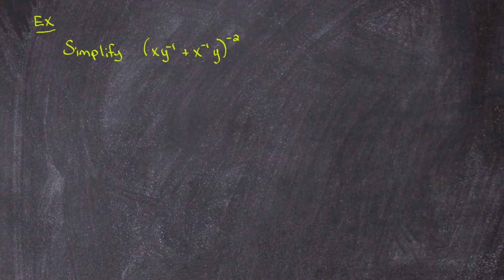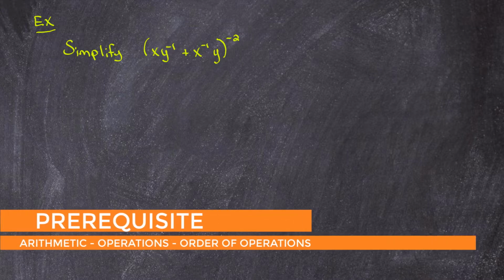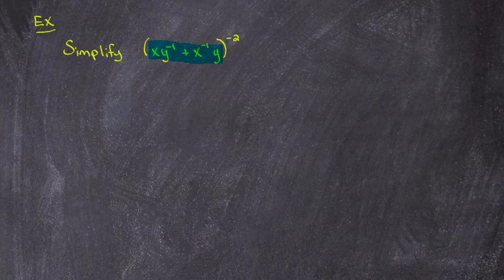Here we have an example where I would definitely say the order of operations is going to be your best friend. So step inside that grouping symbol and tackle that first. I'm going to put an equal sign here because that expression is going to be equal to something raised to the negative second power. Now looking at the interior of that grouping symbol, you have x times y to the negative first.